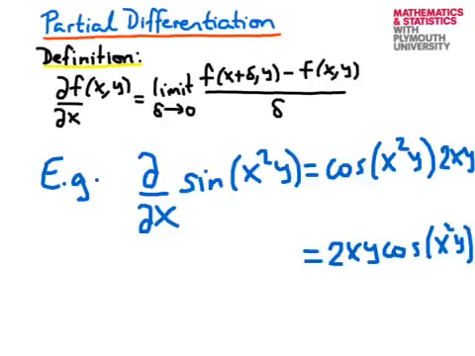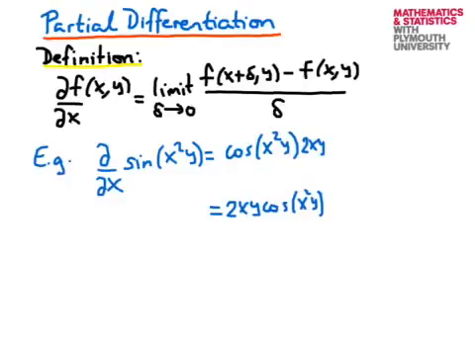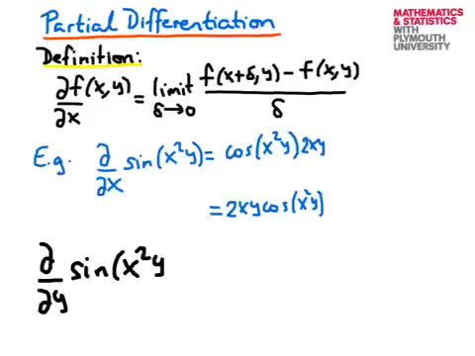So I can make a little bit more room and then think about what the result would be if we were to differentiate the same function, but let's say with respect to y. So, as I said, let's differentiate with respect to y the sine of x squared y. And again, we view this as a function of y alone, and x may be treated as a constant. So what we can do is we say that the derivative of sine is cosine.